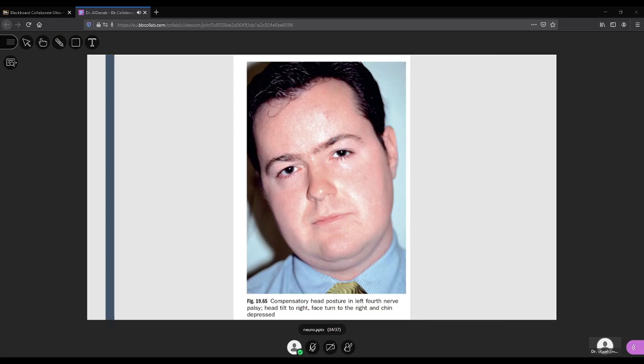Now this is the head posture. صح؟ Now عندنا compensatory head posture in the left fourth nerve palsy.